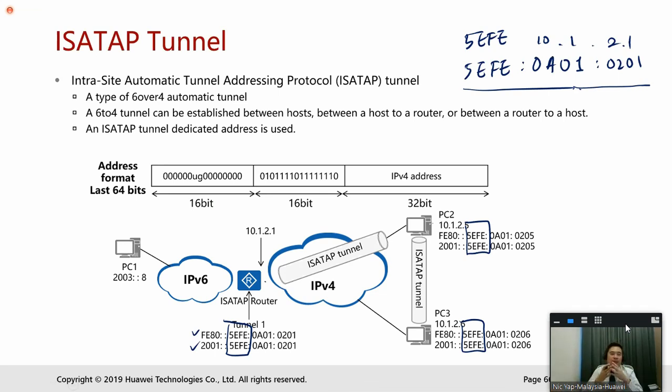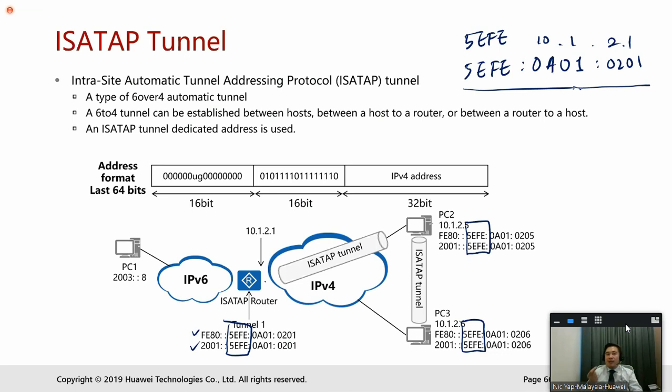But when you say automatic tunnels, you need to assign the dedicated addresses, some mapped to your IPv4. So it depends which method you prefer. You can use automatic, or you can use the dedicated manual way. For manual, you have two choices: IPv6-to-IPv4 tunnels or GRE. For auto, we have two choices as well: 6to4 tunnels and ISATAP tunnels.